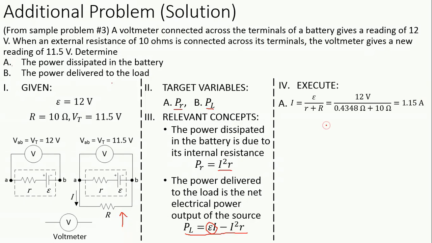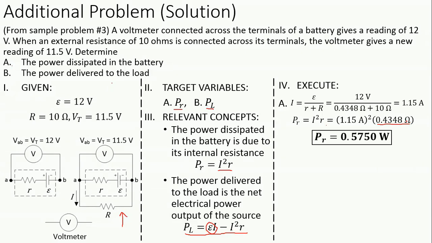Then we substitute in this equation: the power dissipated in the battery is I squared R, so the current 1.15 amperes squared multiplied by the internal resistance previously obtained, 0.4348 ohm. The power dissipated in the battery is equal to 0.575 watt.